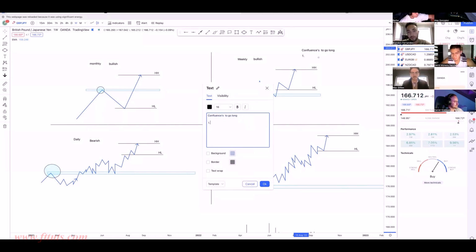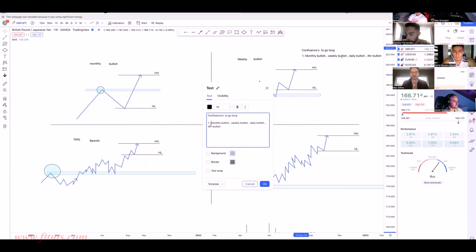Confluences to go long. Let's put the monthly for this example. So monthly bullish, weekly bullish, daily bullish, 4 hour bullish, right?